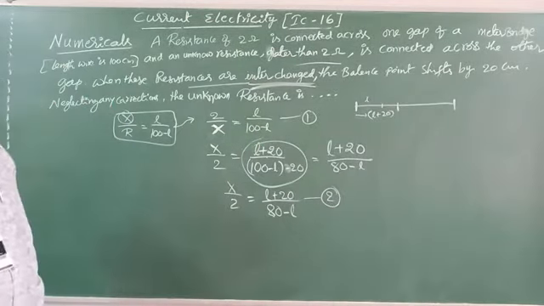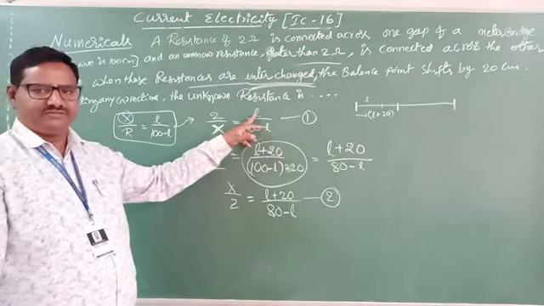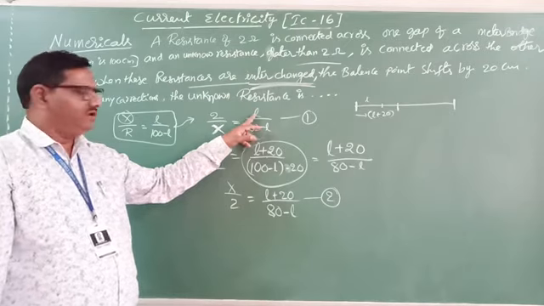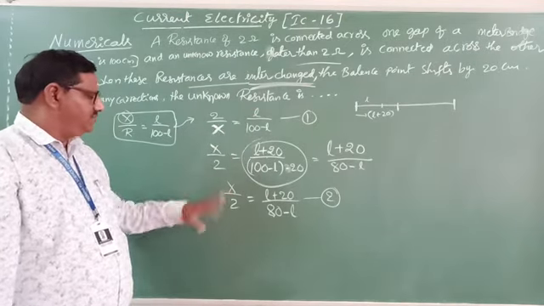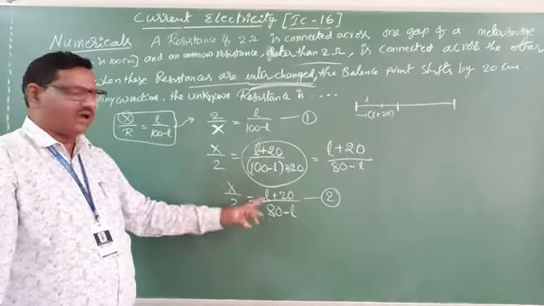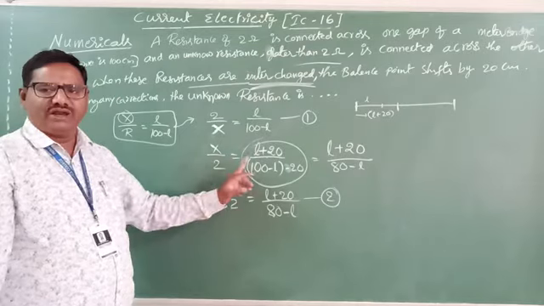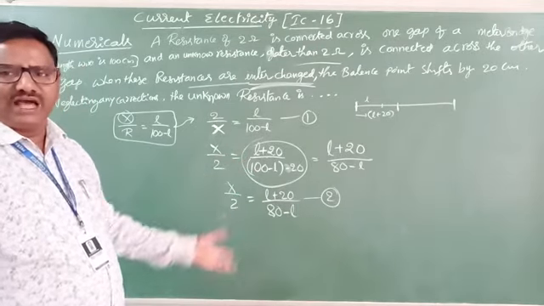Now, by using these two, you can substitute the x value first, then you get one L value, and after that you can find the unknown resistance.